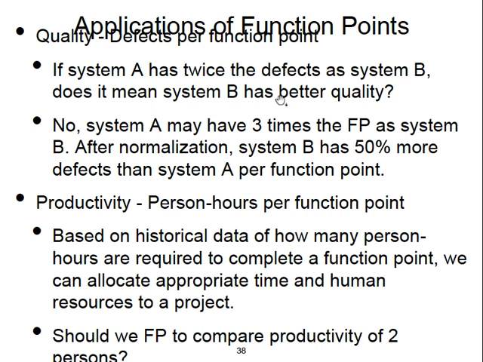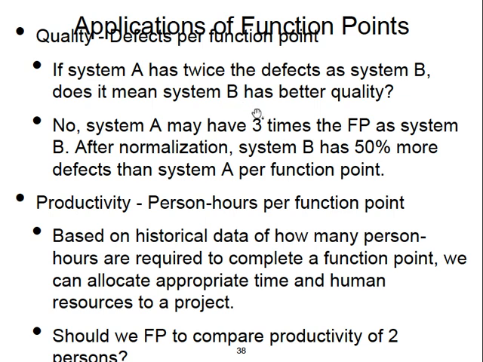For example, maybe system B has 1,000 function points, okay? And system A has 3,000 function points. But let's say system A has 100 defects, and system B has 50 defects.